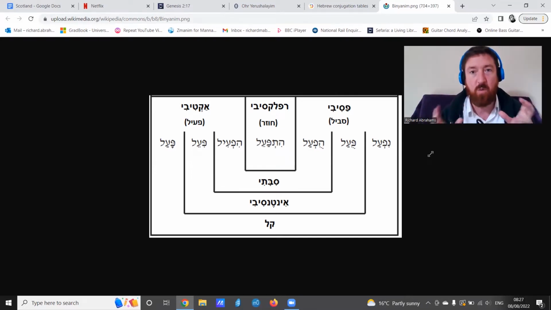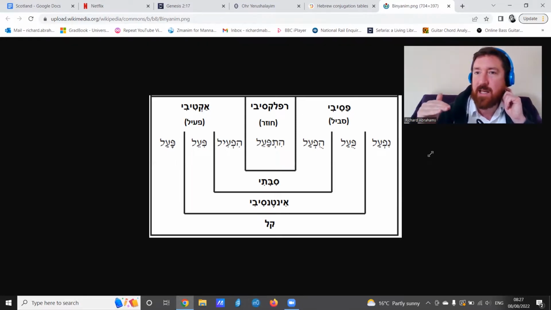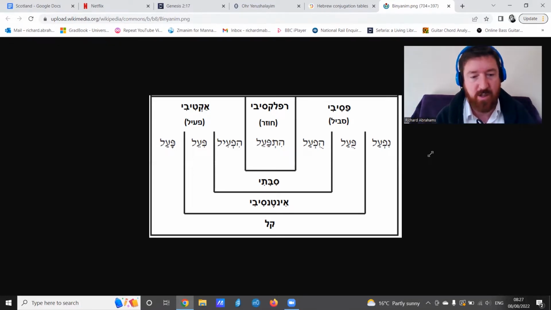All of the roots come from one place, and it's weirdly regular. Once you get the hang of this pattern, it takes a large threshold to get the hang of it, but once you've got it, it just flies forward. There are occasionally things which don't make sense, but nowhere near as much as English. I mean, try explaining to a non-English speaker why you spell through and trough the way we do.